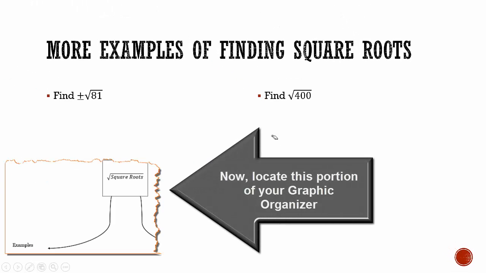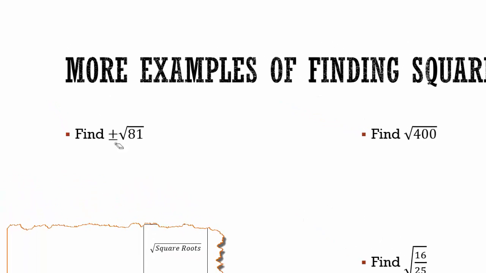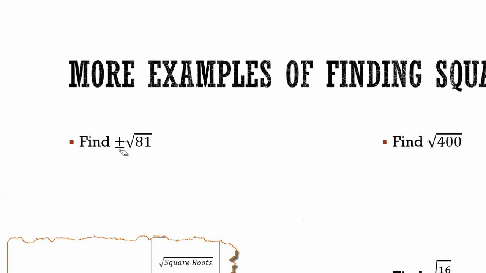So some more examples here. We see one that looks a little different. It's got this plus minus sign out front. If you see this plus minus sign, this is telling you that you're looking for both the positive and the negative roots for the square root of 81.